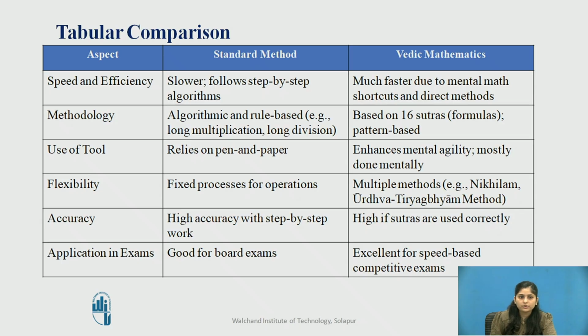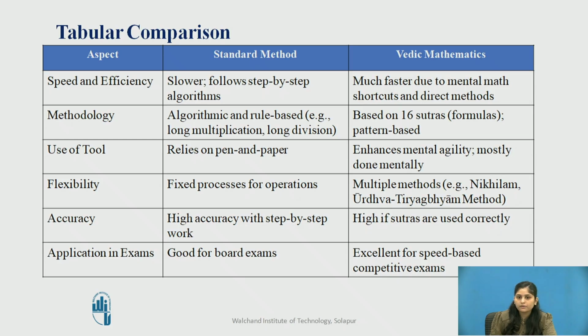In terms of use of tools, standard mathematics relies on pen and paper, whereas Vedic mathematics enhances mental agility. It is mostly done mentally. In terms of flexibility, the standard method is a fixed process for an operation, whereas in Vedic mathematics we can use multiple methods.